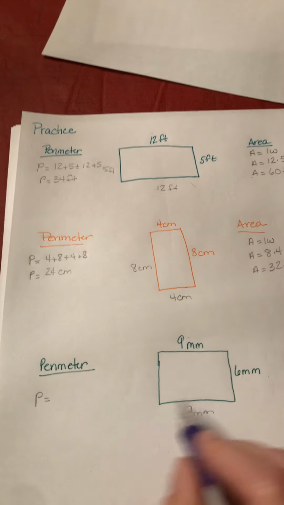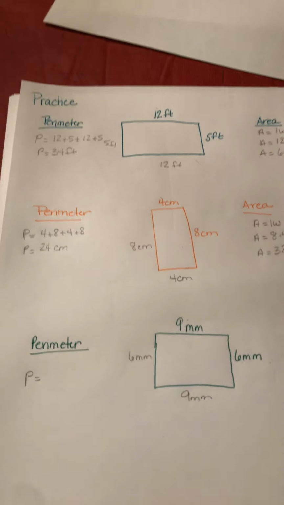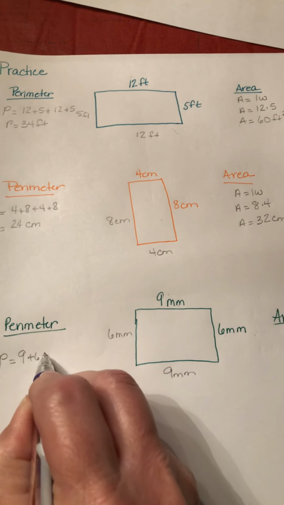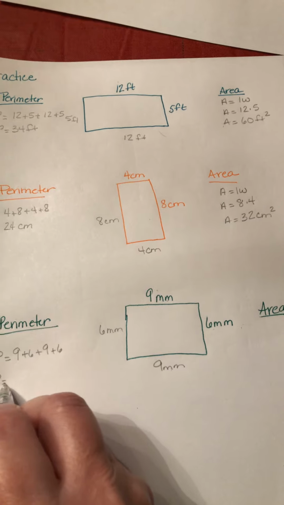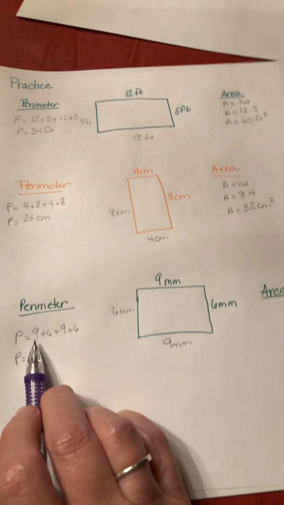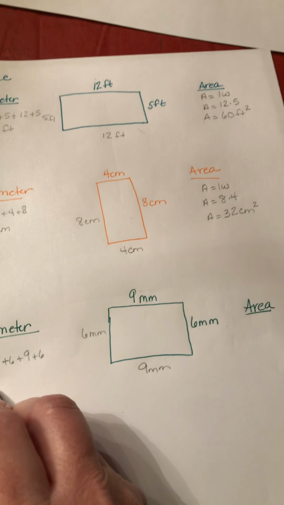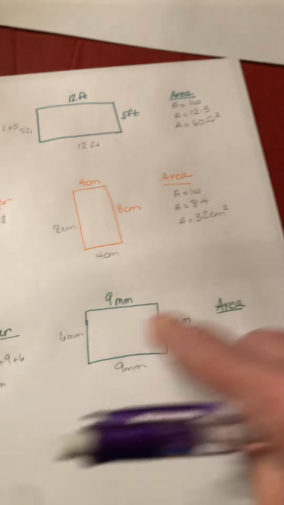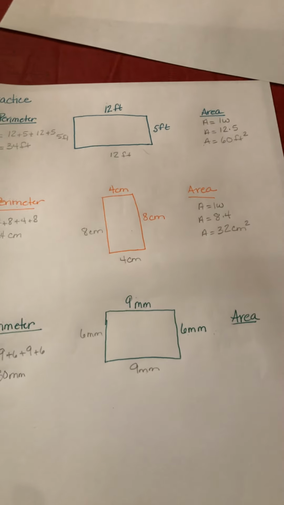And my left and my right side are also congruent. That's 6 millimeters. So 9 plus 6 plus 9 plus 6. So let's add them up. So you have a total of 30 millimeters. That's the distance around the outside of our rectangle.